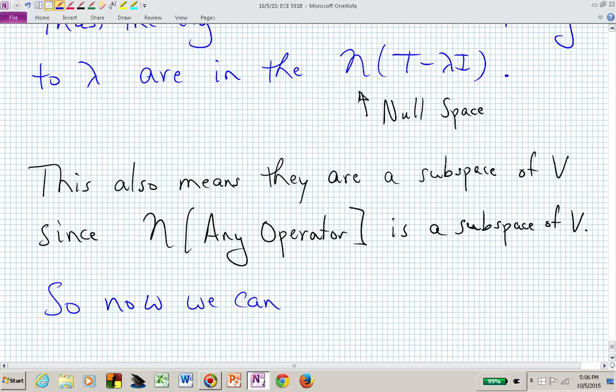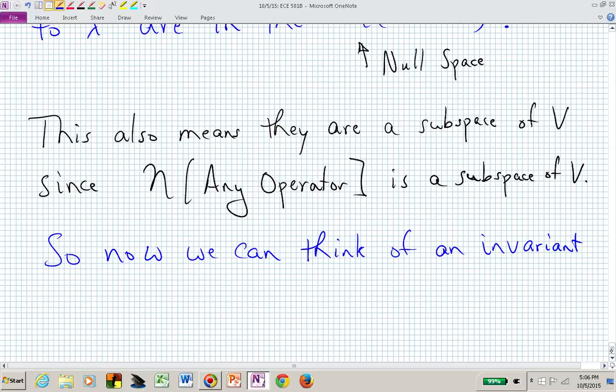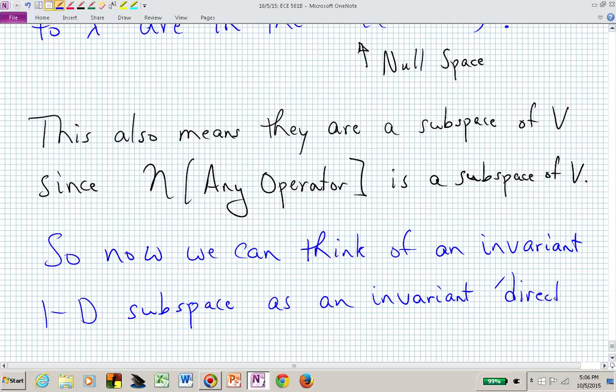Which means that now we can think of an invariant subspace. So far we've just been talking about a restricted subspace, a 1D subspace, or a very specialized subspace, a 1D subspace as an invariant direction.